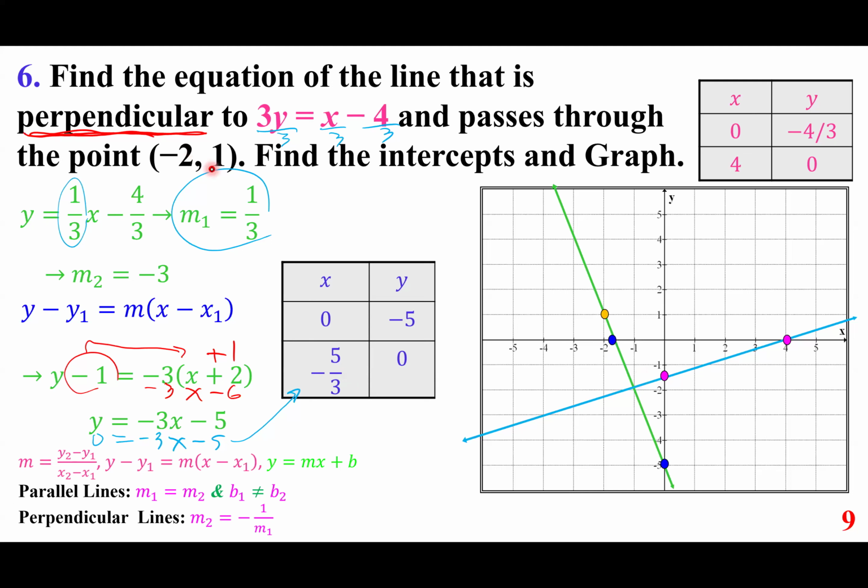And of course, negative 2, 1 is located on that line. This is the complete graph using intercepts, coordinates negative 2, 1.